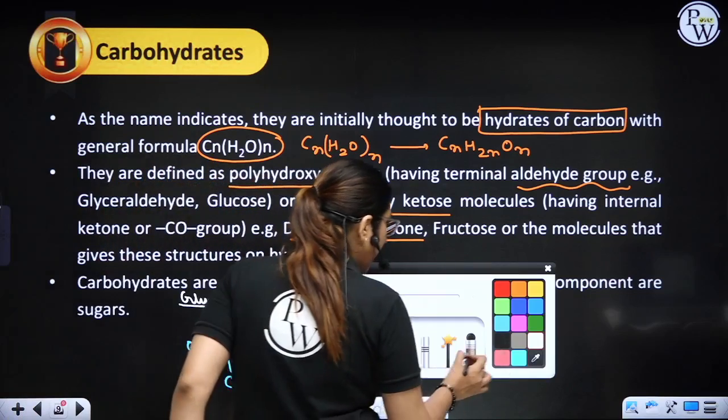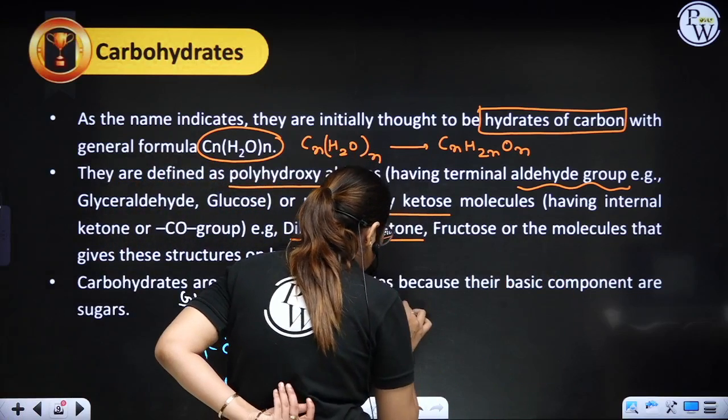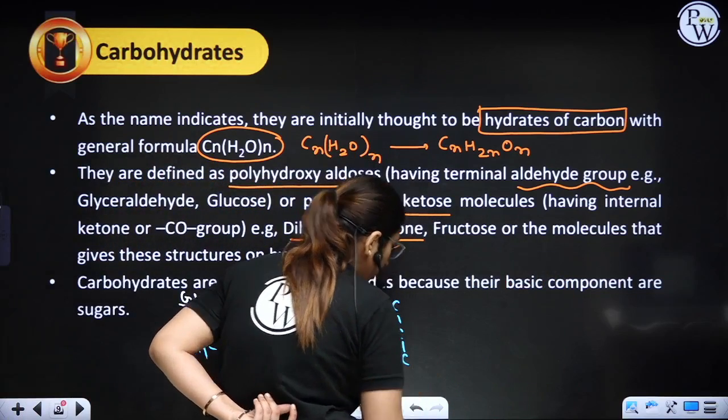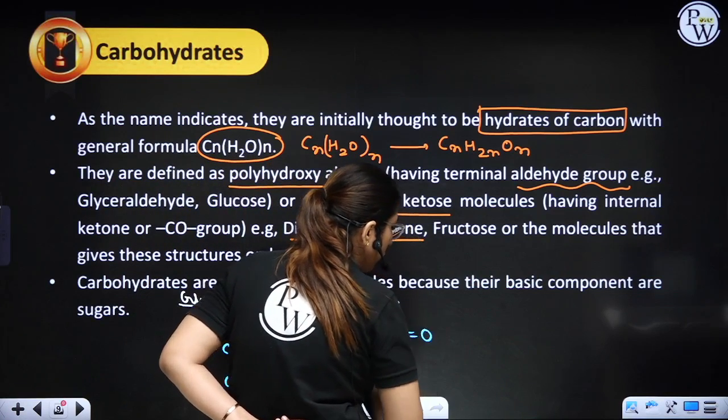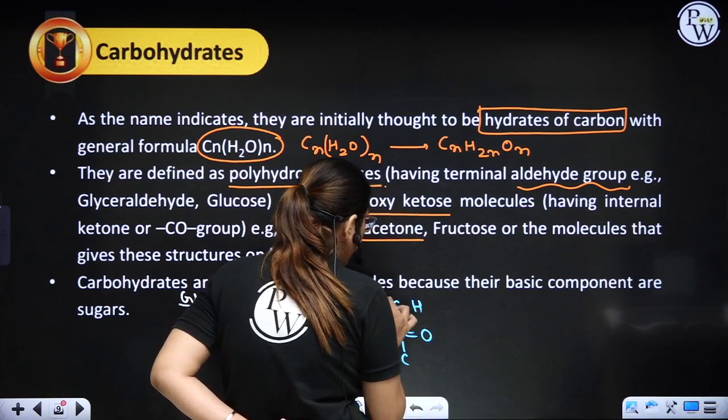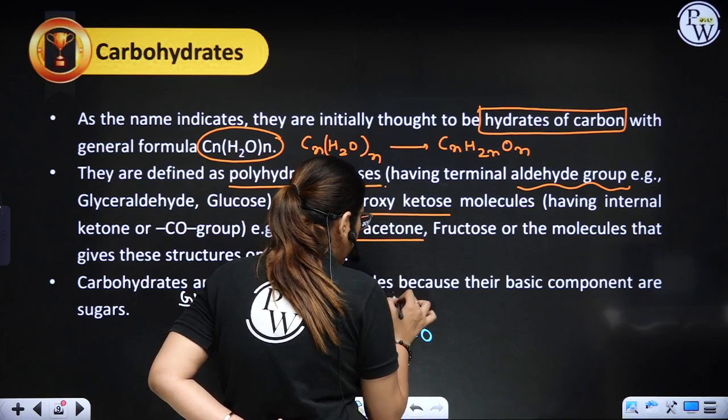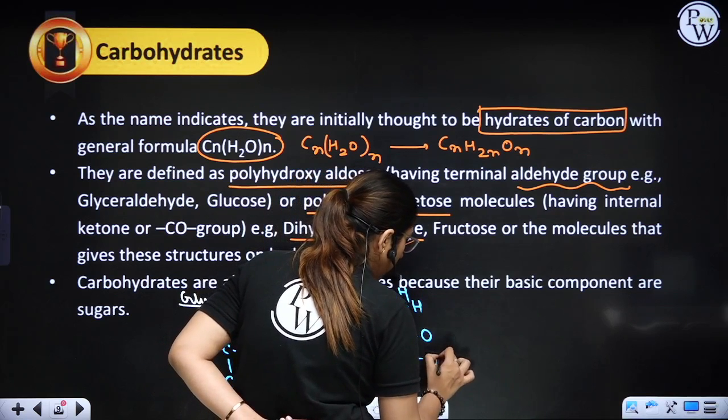Now, the second one we have is this one. Three carbons are there, and if we have a ketone group like this, here we have H, we have HO, and here we have H. Similarly, OH is there.